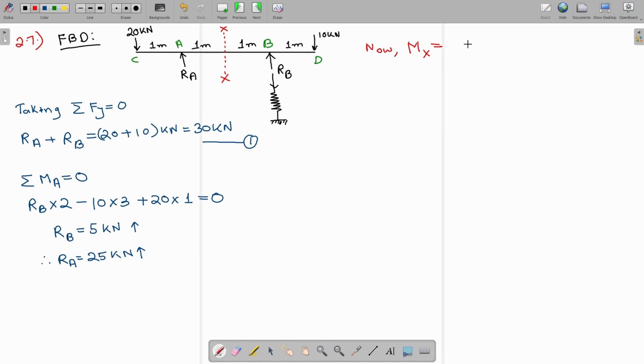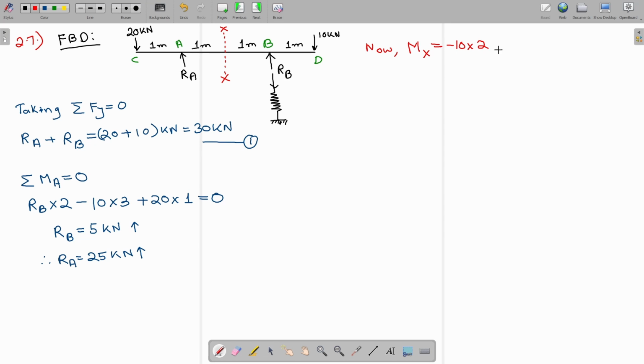So we can write like this: minus 10 into 2. 10 is the load in kilonewton, minus because it is acting in the clockwise direction.